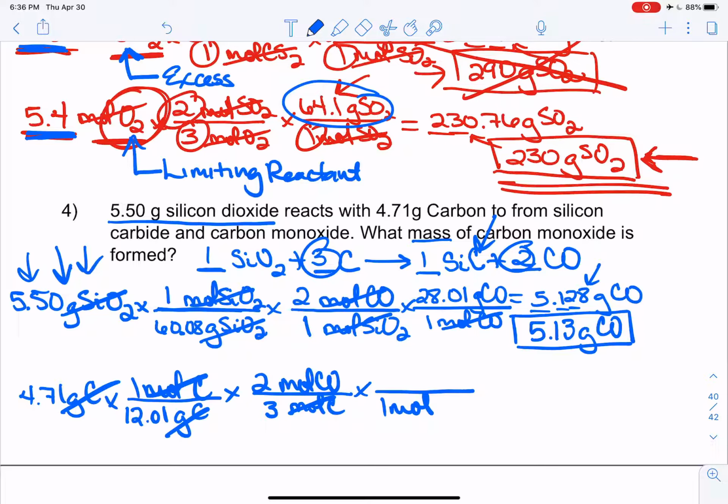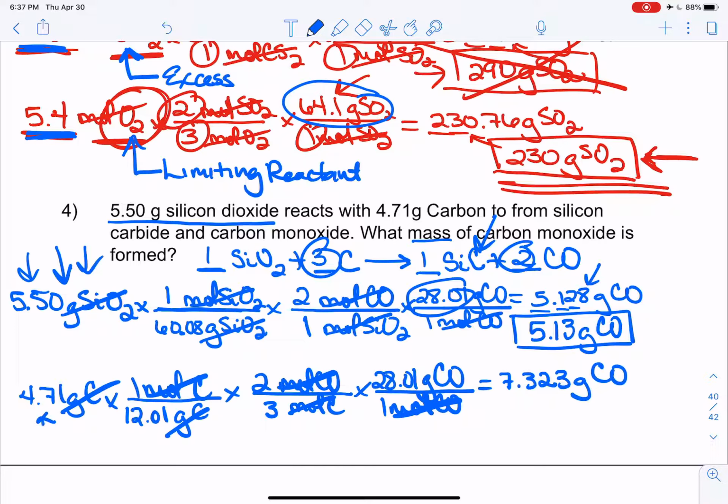So the number 1 goes next to moles. So we have 1 mole of carbon monoxide, and then we have grams of carbon monoxide on the top. And up here we calculated it to be 28.01. And we cancel out the moles of carbon monoxide. And what we get is 7.323 grams of carbon monoxide.